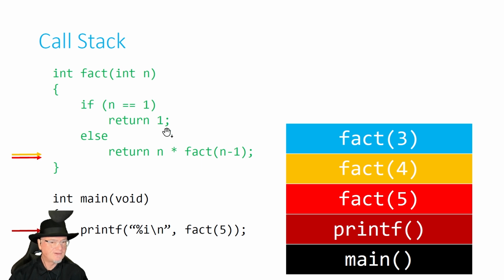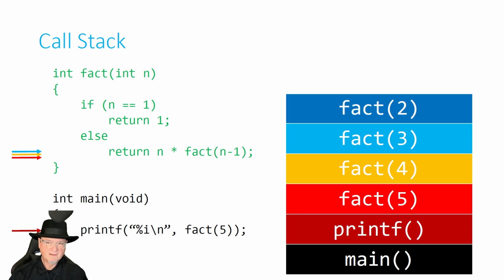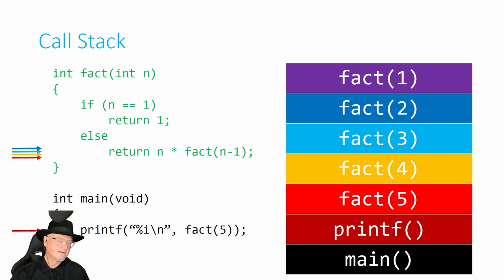Okay, so we haven't changed the value of n. It was 4. Now it's n minus 1 again. And we're going to repeat this several times. You can see we're going to do it for fact equals 2. We're going to do it for fact equals 1. And oh, hey, now we've hit our ending condition.